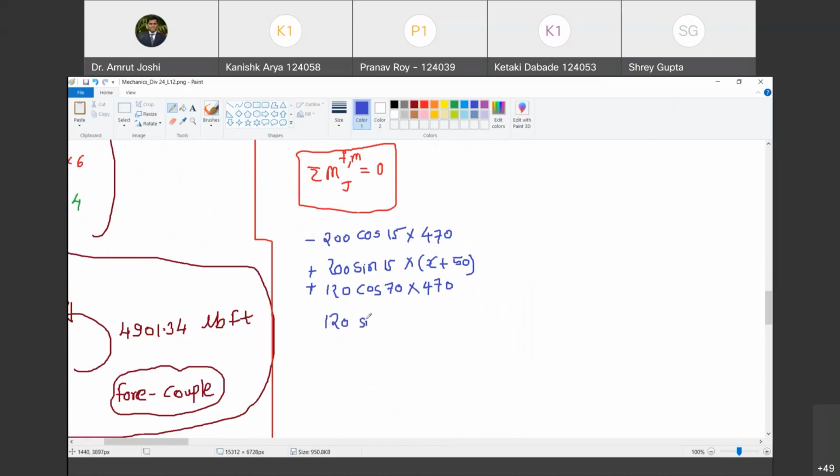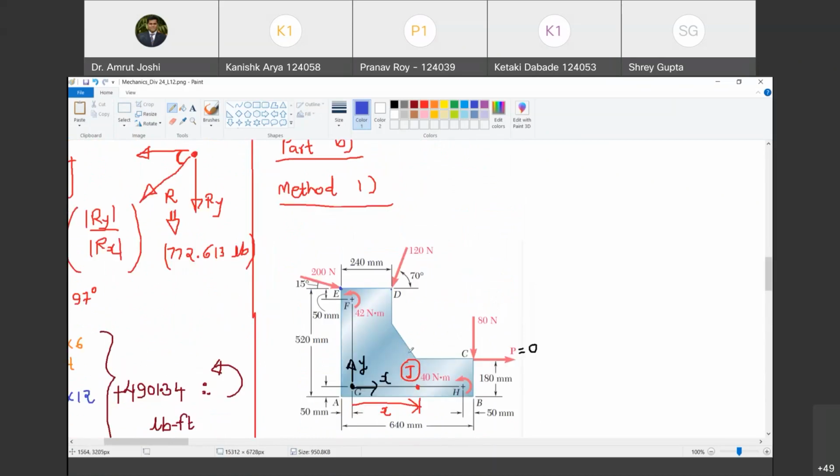Are you with me? Yes, sir. So when you say anti-clockwise, what assumption have we made? That this point J lies in front of D. If it is not so, it will turn out at the end. Sign is automatically adjusting. The moment x falls below this point, then that moment will automatically become negative. Are you with me? Yes, sir.